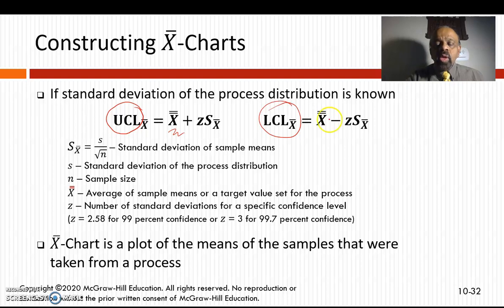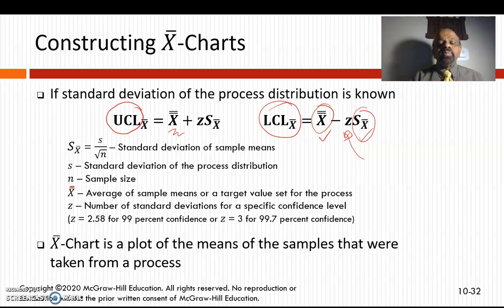If I give you the mean, the z-score, and the standard deviation, you can calculate the UCL and LCL. Or if I give you some data, you can calculate the X bar, the average, and the standard deviation, and you can look up the z-score like you did in your statistics class.